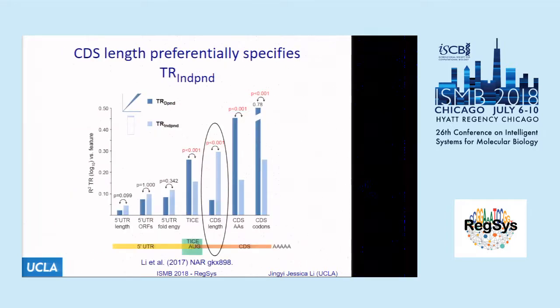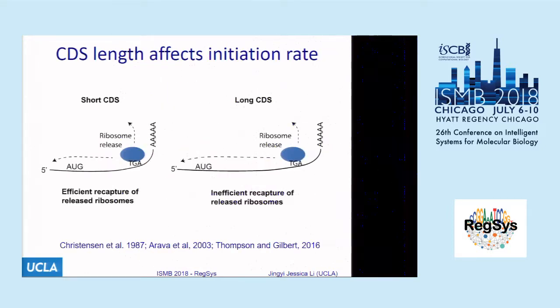On the other hand, we see that CDS length, the feature, is different because it explains more about the independent part. And why is that? The biological explanation is the known phenomenon that CDS length affects initiation rate. We know that the ribosome will leave the mRNA after it finishes translation, but due to the diffusion effect, it will be reattracted to the 5' cap and restart the translation again.